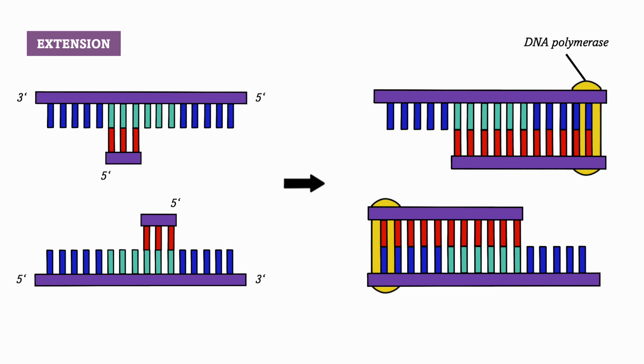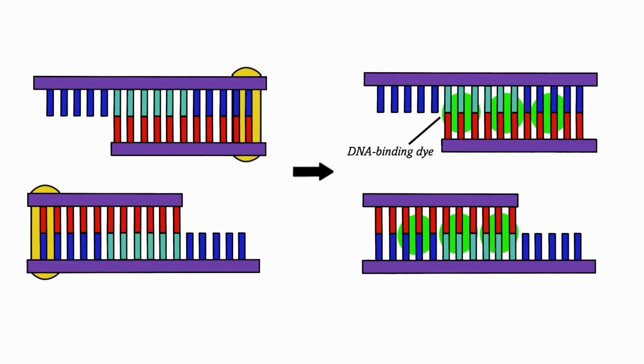The DNA binding dye then binds to the newly synthesized double-stranded DNA product, which, as a result, now emits fluorescent light. The more product there is, the more fluorescent light is emitted.